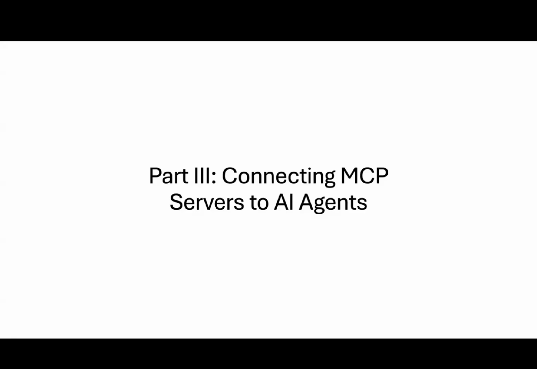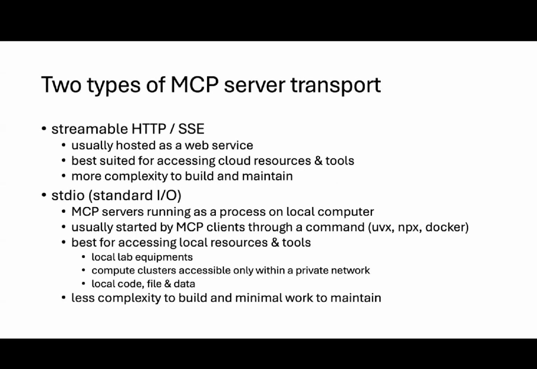So I'm just going to quickly run through high-level instructions, and let me start with the high-level concept of transport: two types of transport for an MCP server. The first one is called streamable HTTP, and in the past it was also referred to as SSE, but that has been deprecated.